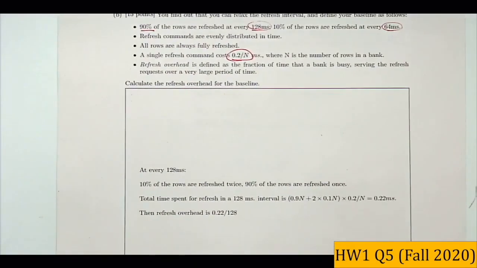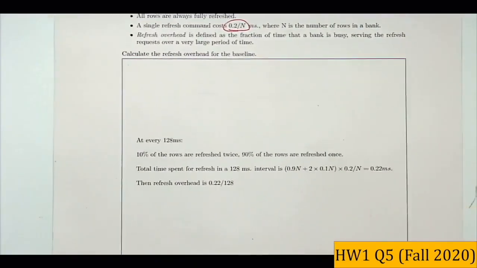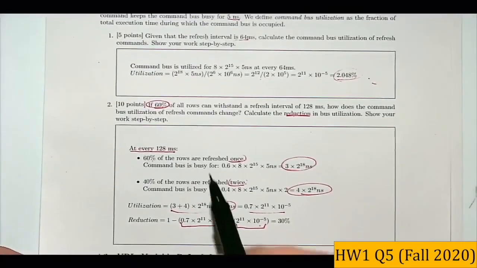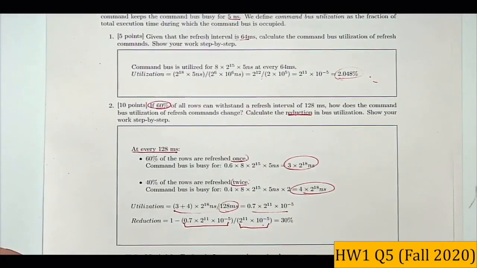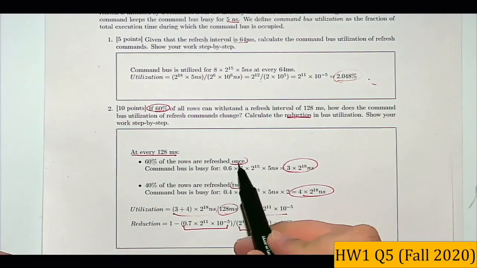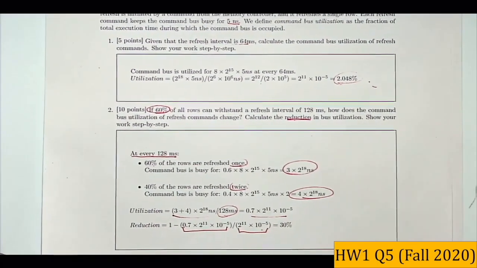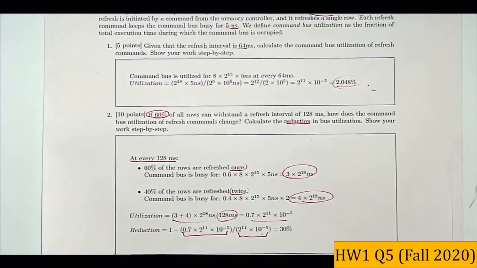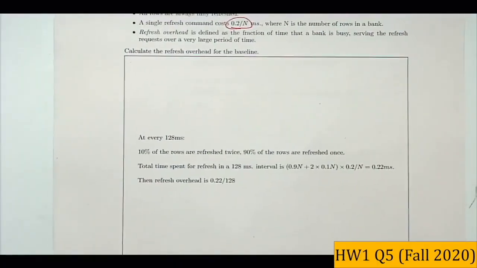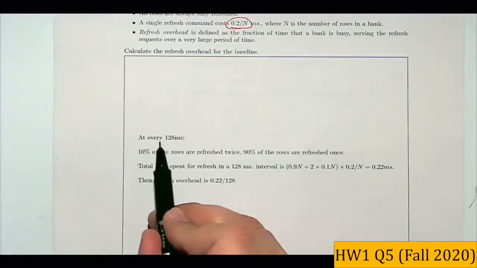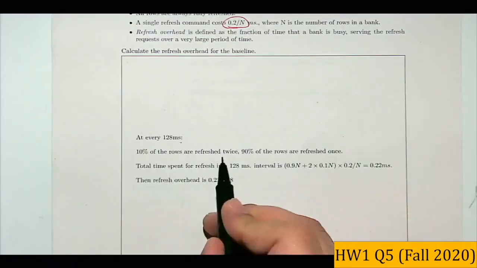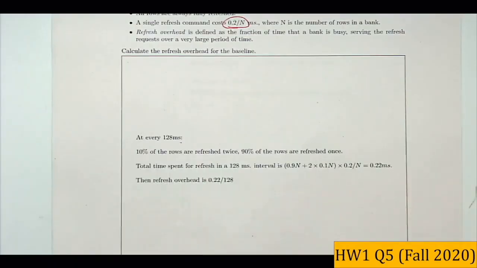Okay, so again, I do the same thing that I did in the second part of the first question in the basics. Remember, 60% was being refreshed once every 128 milliseconds, and the 40% were being refreshed twice. It's the same story here again. Looking at every 128 milliseconds, 10% of the rows are refreshed twice, and 90% are refreshed once.